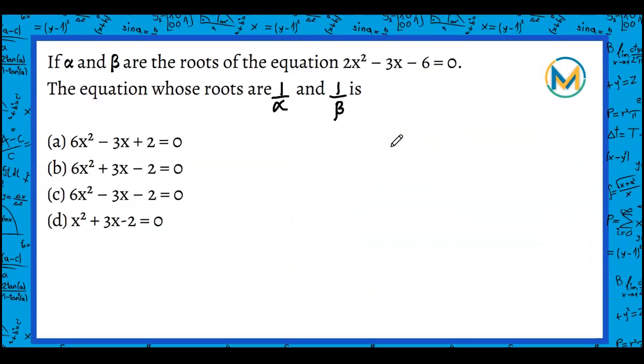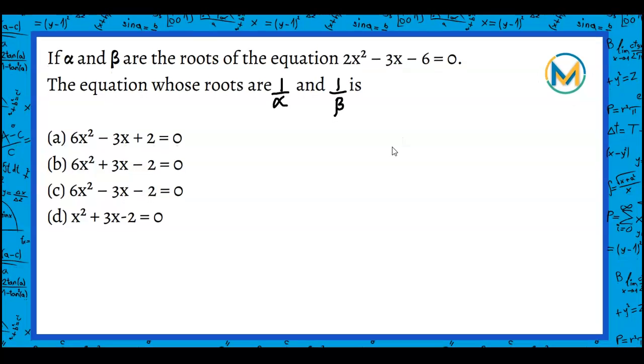And the last question here we have is, if alpha and beta are roots of the equation 2x square minus 3x minus 6, then the equation whose roots are 1 upon alpha and 1 upon beta is. So again, let's start with finding out A, B and C. So A is 2, B is minus 3 and C is minus 6.